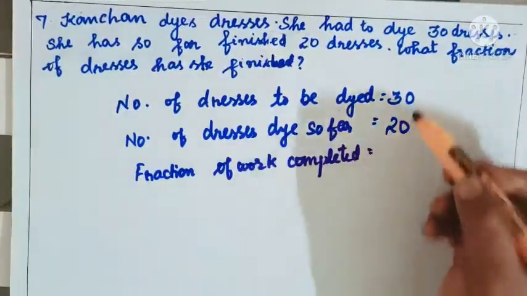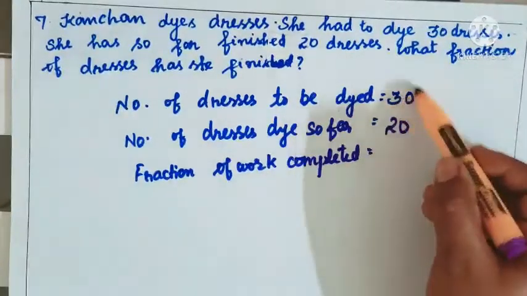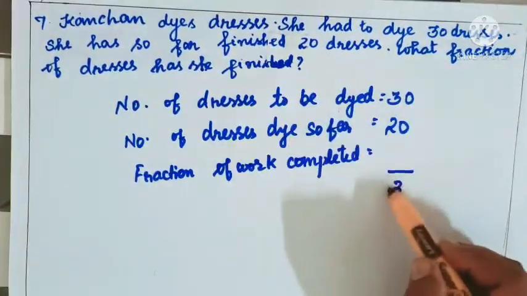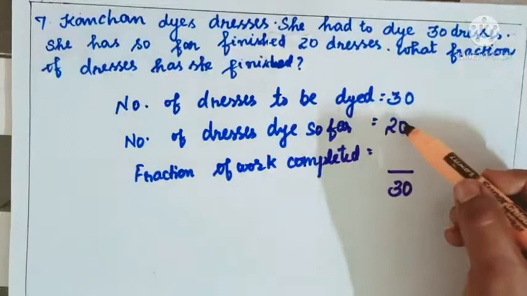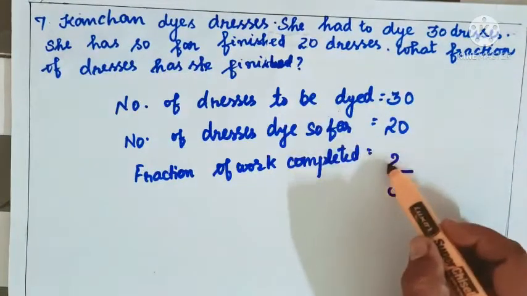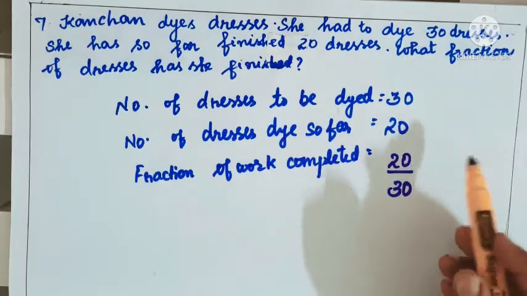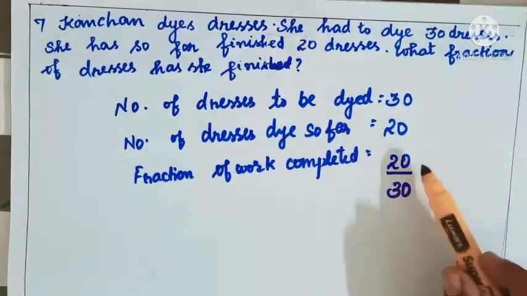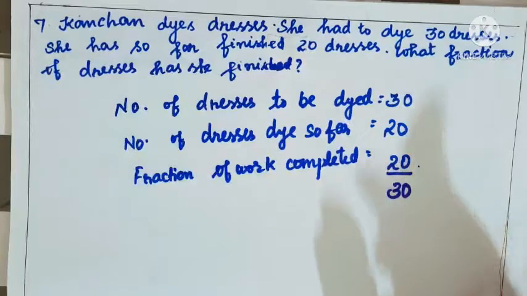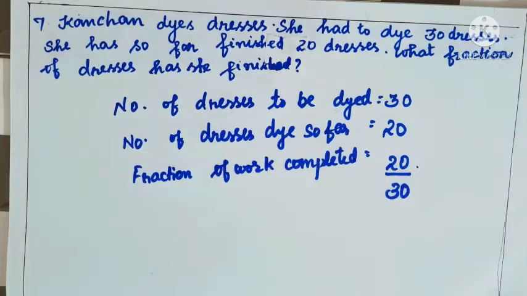That is equal to how much? What is the fraction? First, the total number of dresses will be down. Understand? And completed work will be on the numerator. Yes. This is the denominator and the numerator, isn't it? So the fraction will be, what is the answer? 20 by 30. I hope you can understand this easily, isn't it?